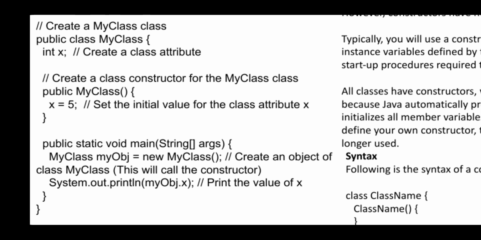So what value will myObj have? It will have the value 5. System.out.println of myObj.x refers to the value of x. This is called an object reference, which is used to access the value of your class.